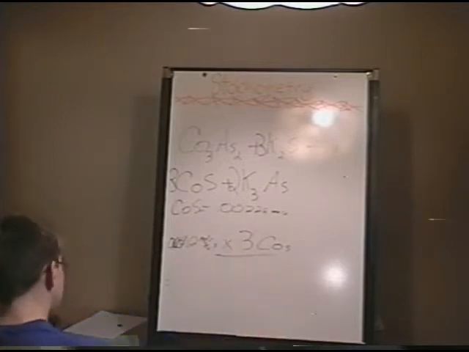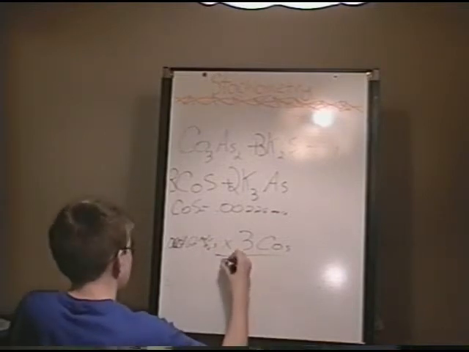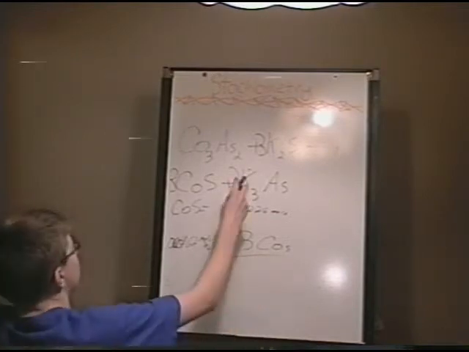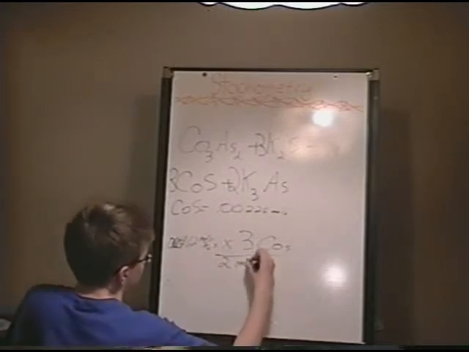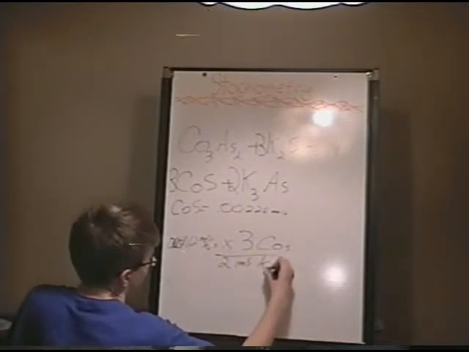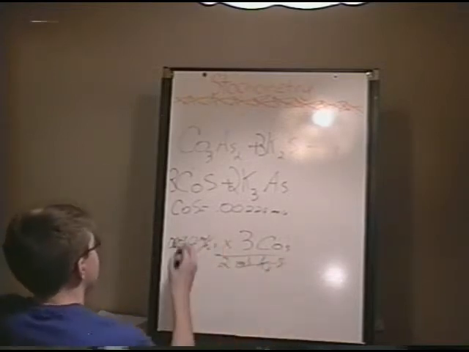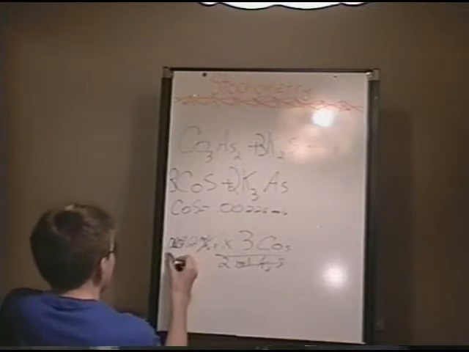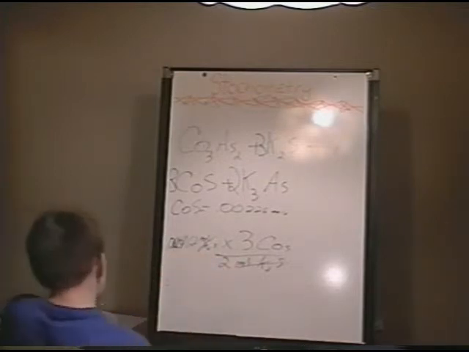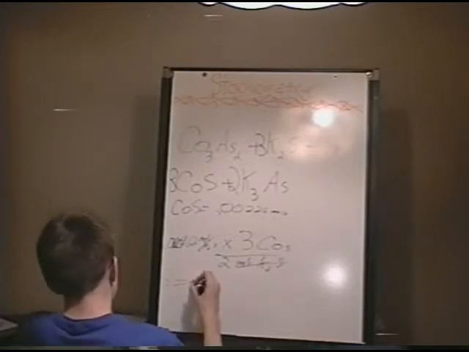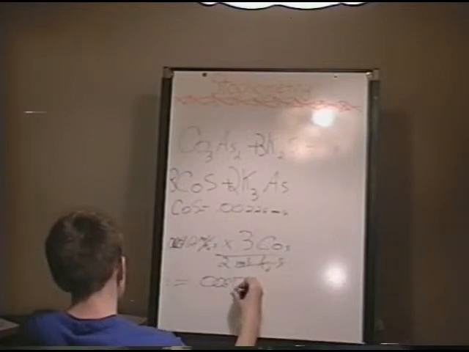You then divide by K2S so they cancel out. Remember, you use what you balance with it up here. These then cancel out, and you can multiply here. So 0.00462 multiplied by 3 divided by 2. And that should give you 0.00693.